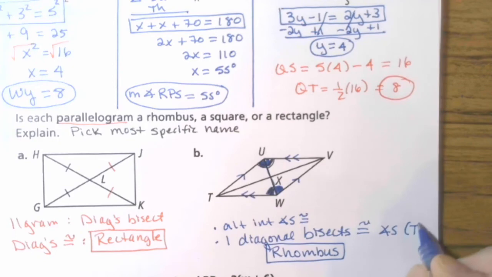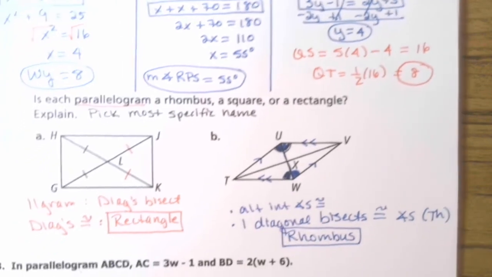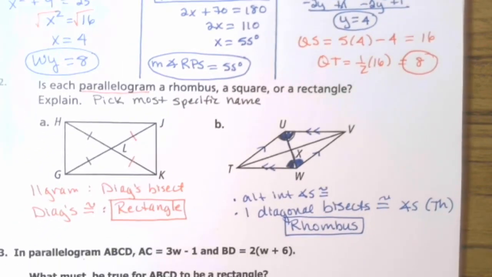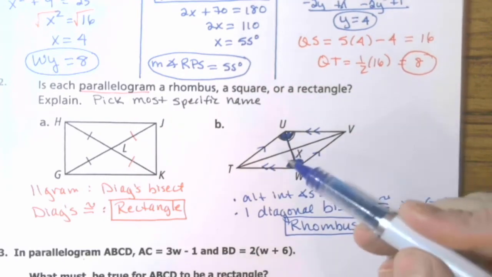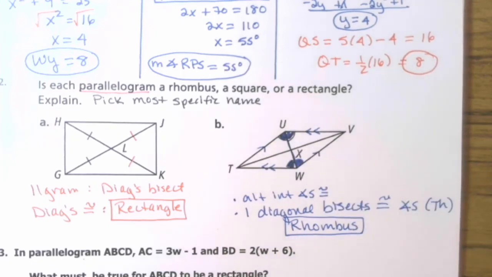And again, that's one of our theorems. We can't get any more specific than that because a rectangle and a square both have 90-degree angles in the corners, and because we don't know that U and W are 90 degrees, we can't conclude it's a rectangle or a square. Rhombus is as far as we can go.